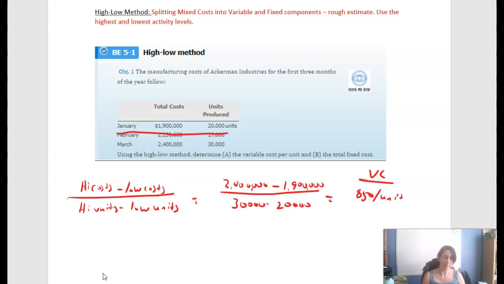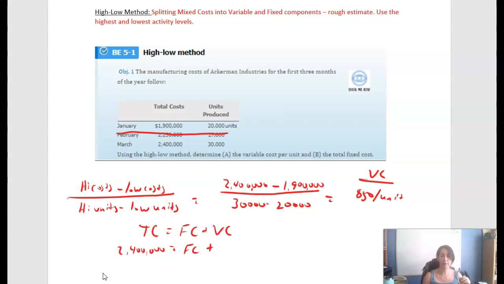All right, so let's say we've got total cost. The total cost of making a product is going to be your fixed costs plus your variable costs. That's all of your costs. We know the total cost. You can pick either the high or the low, and this is going to work for you. I happen to pick the high for my example. The total cost is $2,400,000. My fixed cost, I don't know.